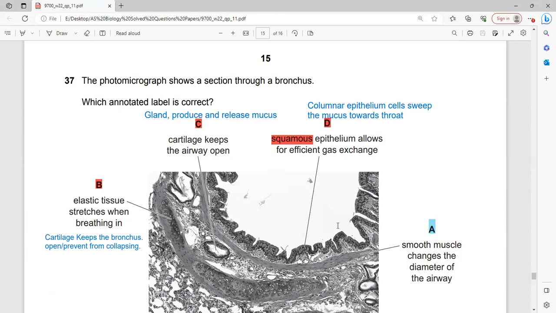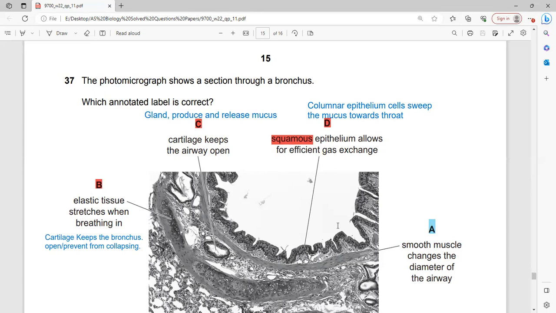For example, B is cartilage. So what about here? Elastic tissue stretches when we breathe in. So this does not stretch, it stays the same while it keeps the breathing tract open. So this is cartilage which keeps the bronchus open and prevents it from collapsing. So that's wrong. While C is a gland.